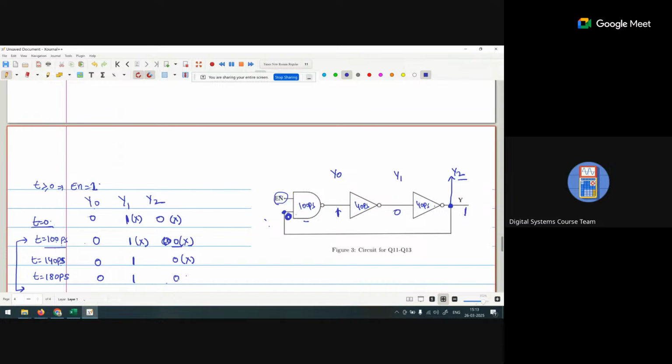So if at this point we are having a 1, how is it possible that we are getting a 0 here? So that means this particular combination is not possible. The only possible combination is what? That y2 is 0, y1 is 1, y0 is 0, and here we are getting a 0.